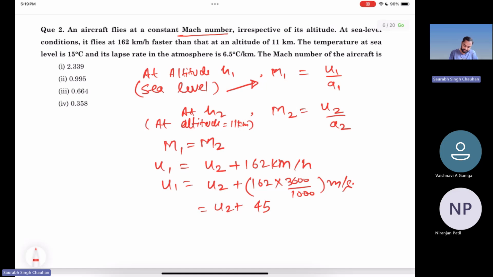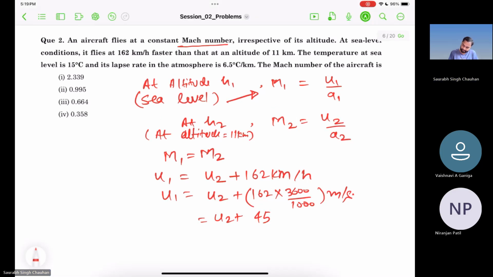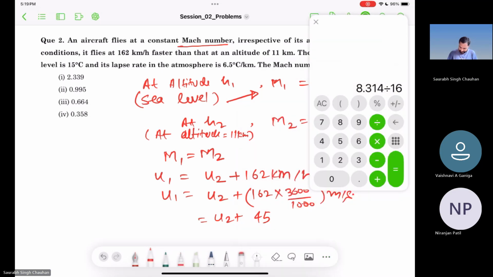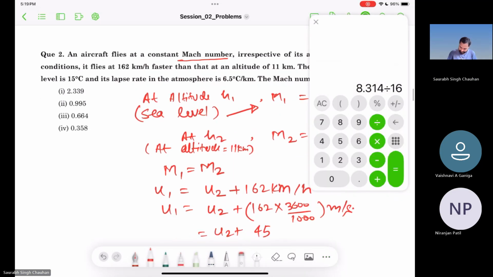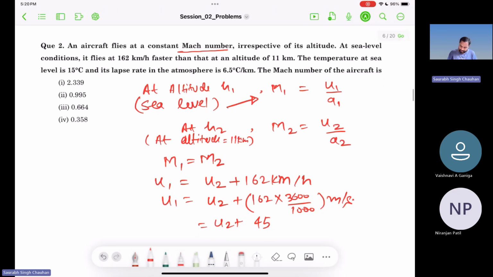Maybe you can cross check how it comes. 162 times 3600 divided by 1000. Oh, sorry. We have made a mistake.